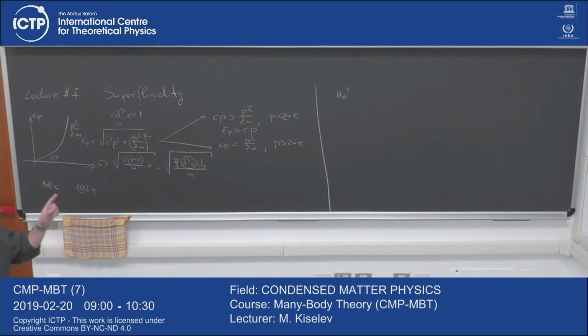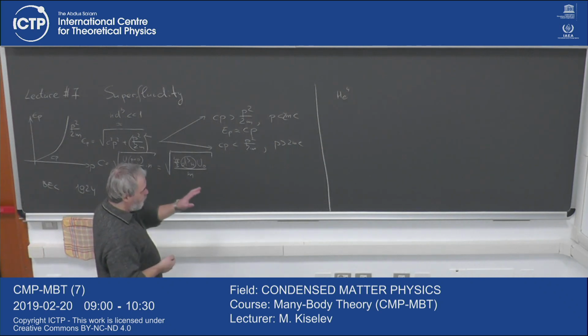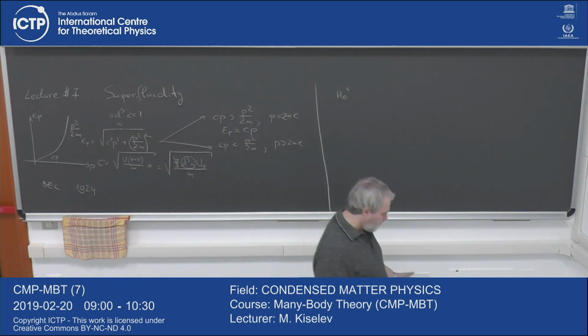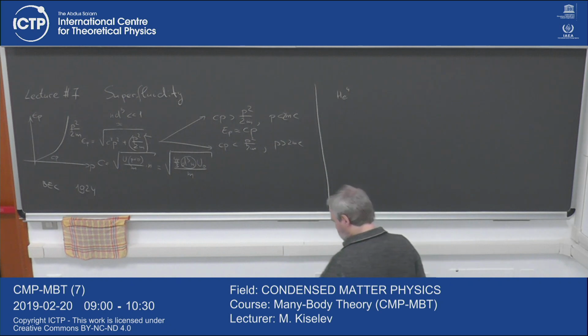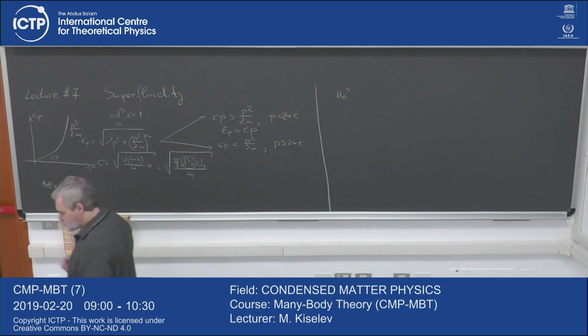Helium-4, which I'm going to discuss now, was one of the candidates for observation of the Bose condensation. However, it appears that helium-4 cannot be approximated as a weakly interacting Bose gas. It is a strongly interacting system, and therefore the fraction of condensate in it is less than 10%.